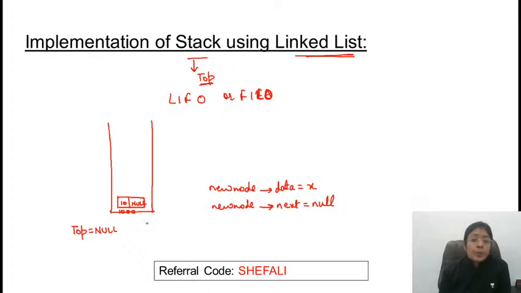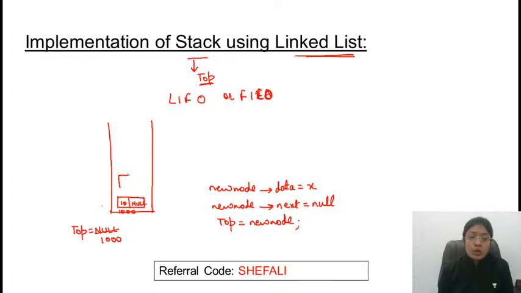Now top will be pointing, top किसको point करेगा? Since a new element is inserted, so top will be pointing to the new node. So top is holding the address of the new node. What is that? That is 1000. Correct?